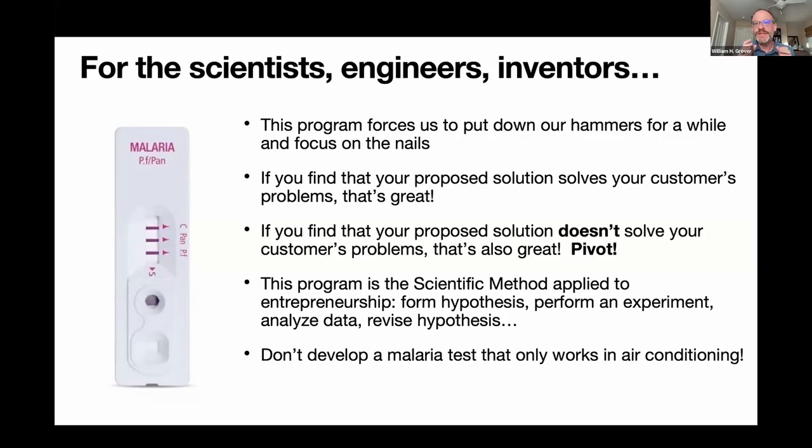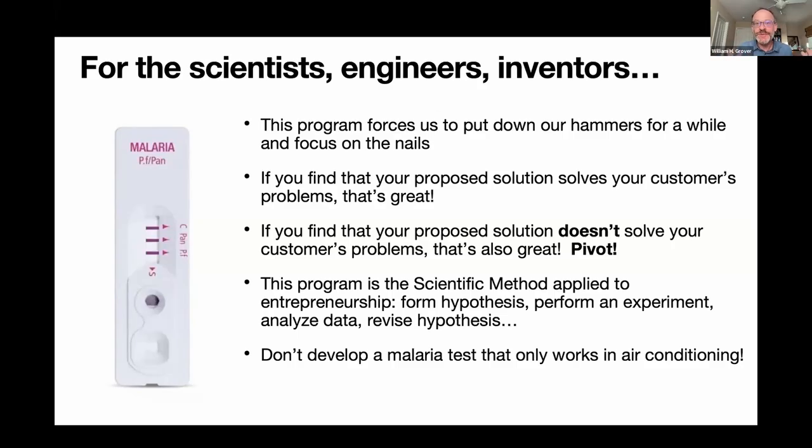There are a lot of companies that develop rapid diagnostic tests like the one shown there on the slide for diagnosing malaria. And they submit these to the World Health Organization. And what WHO finds is a significant fraction of these rapid diagnostic tests that worked in the labs where they were developed suddenly, surprisingly, don't work when they're actually used on the ground in the parts of the world where malaria is actually present. And why is that?